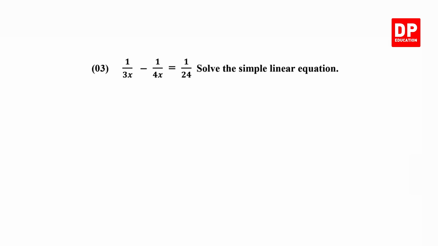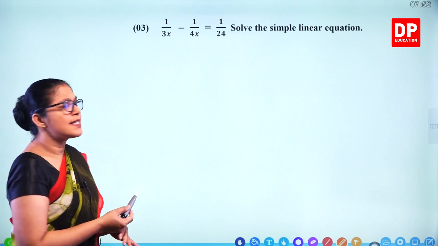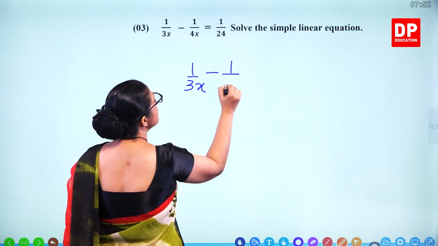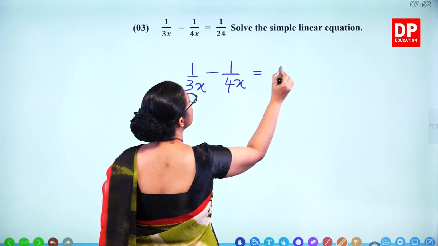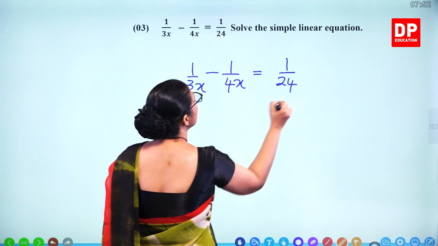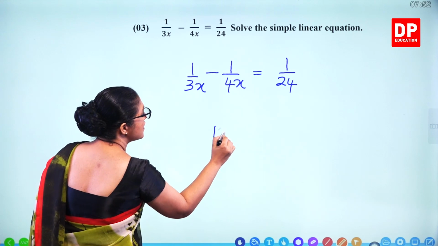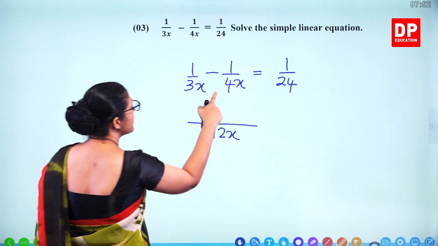Algebraic fraction subtraction. Solve the simple linear equation. So what is the first step? You have to find out the lowest common multiple of 3x and 4x. That's 12x. Convert to 12x.